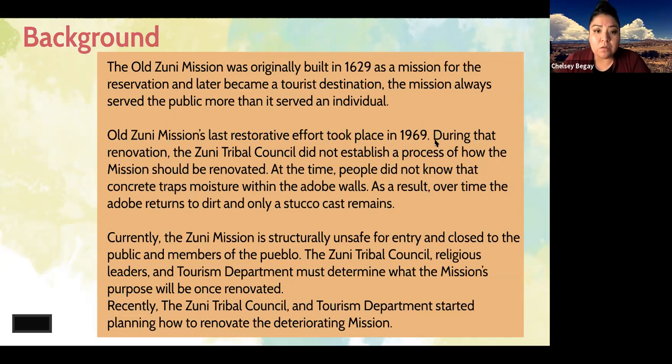The old Zuni Mission's last restorative effort took place in 1969. During that renovation, the Zuni Tribal Council did not establish a process of how the mission should be renovated. They didn't really do a lot of research on the different techniques of restoration. At the time, people did not know that concrete traps moisture within adobe walls.